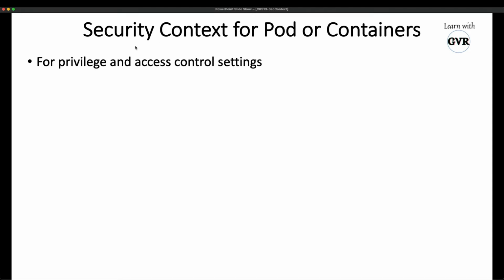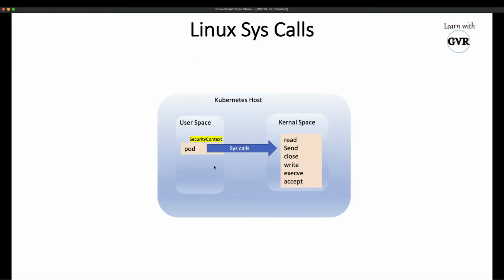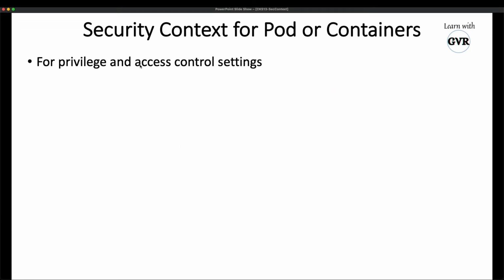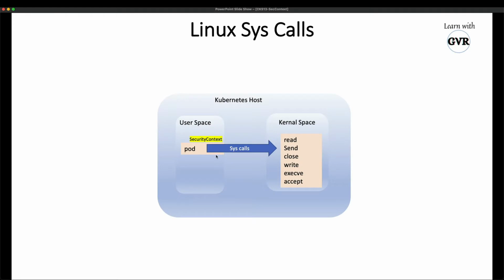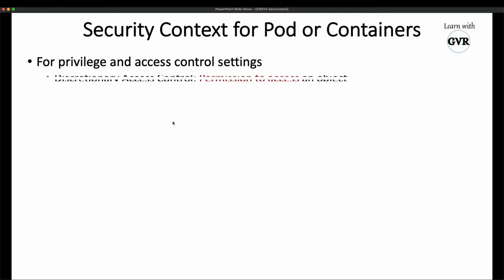That means privilege and security access control settings. Here, this pod has a privilege to invoke some admin kernel command. This pod has access control settings as a security context, and only then will it be able to make all these calls. That's what the security context is.